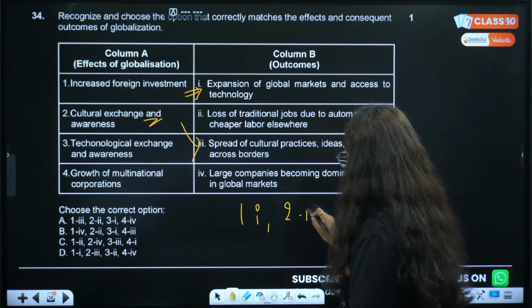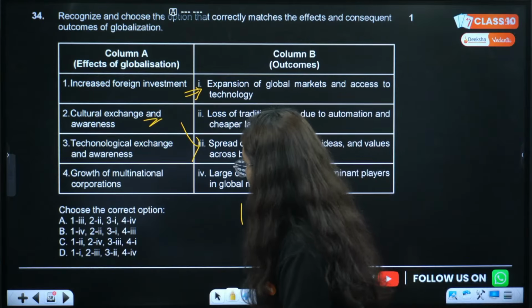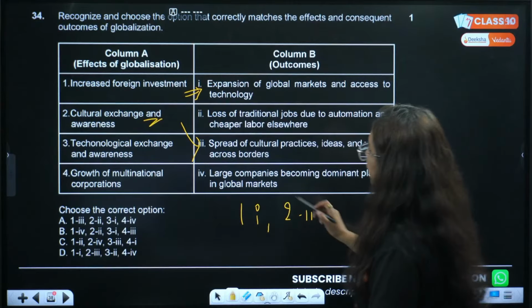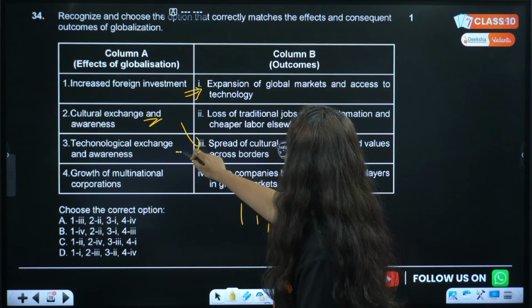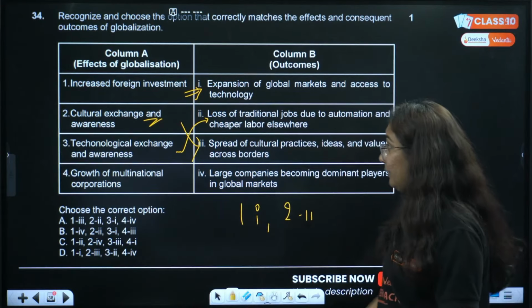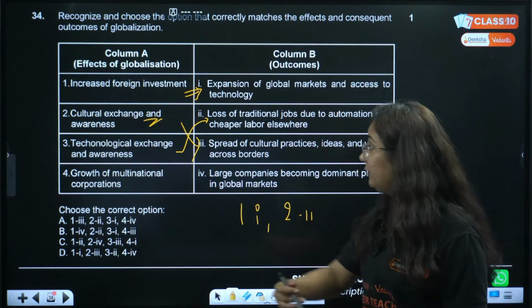That means 2 goes with second. So 1, 2, third. Technological exchange and awareness. Whenever there is technological awareness, the traditional things will decline. So the 3 goes with 2. And the 4th goes with 4th.